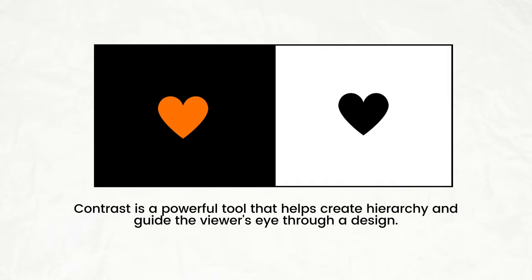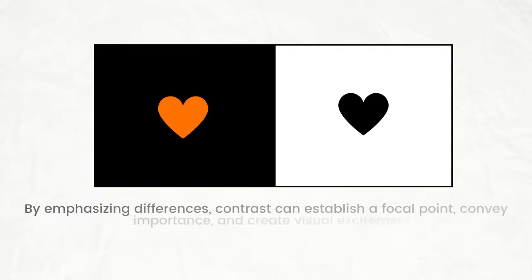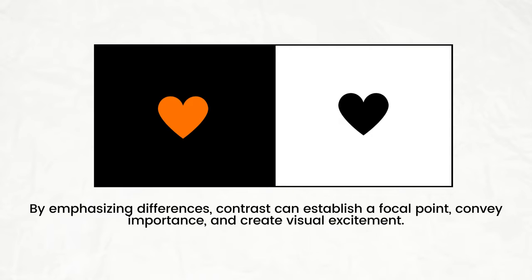Okay, contrast helps create hierarchy and it guides the viewer's eyes through the design. By emphasizing differences in contrast, it can establish a focal point, it can convey importance, urgency, create visual excitement, joy, love, whatever you're trying to convey. You can really do that with contrast when done correctly.